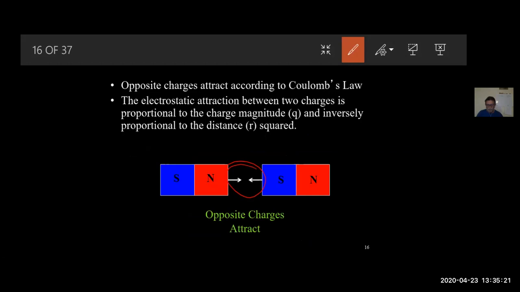And so what they're saying here is the attraction between two charges is proportional to the magnitude of the charge. It makes sense. Think about it. The stronger the charge, the stronger the force or the attraction. And then they're telling you that it's inversely proportional to the distance.